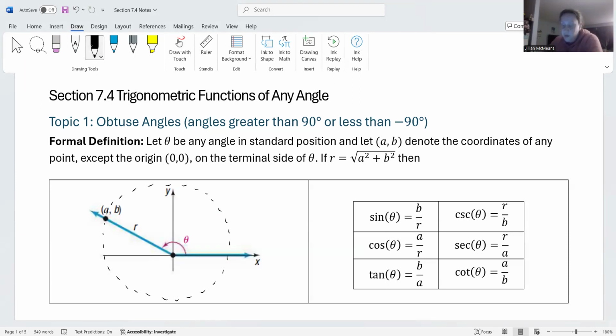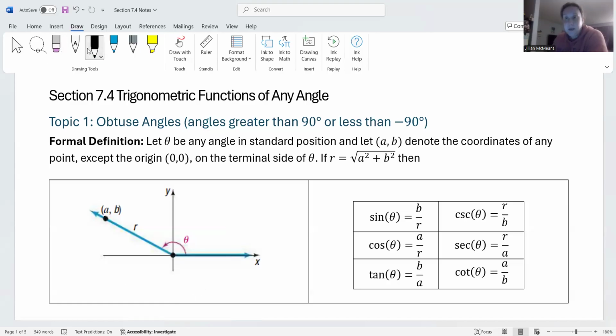This distance from the origin to the point (a, b), assuming this is a perfectly drawn circle, which I'll tell you right now, is fairly tragic, so pretend it's perfectly drawn, this length r from the origin to the point (a, b) is technically the radius. Keep that in mind, because that's going to be really important soon. Now, let me get rid of my circle. Just know that there is a secret imaginary circle.